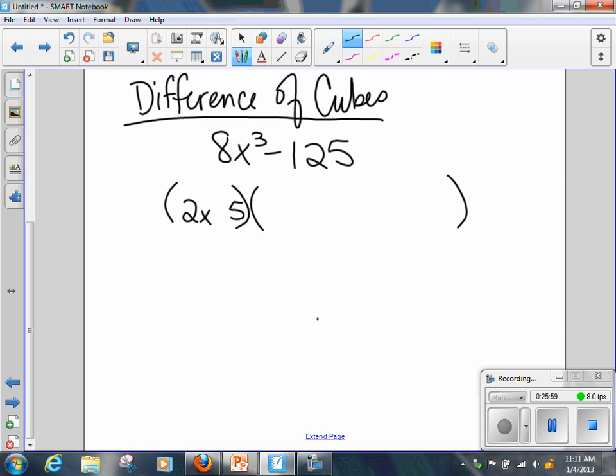Now, this is why I say it this way. This term squared is what? 4x squared. Good. This term squared is what? 25. What's my middle term? 10x. How? 2x times 5 is 10x.